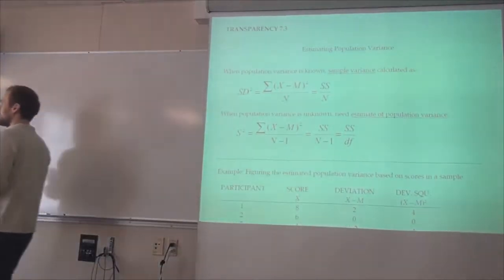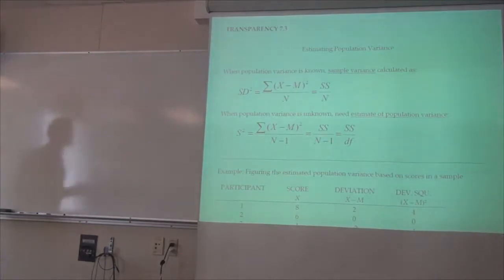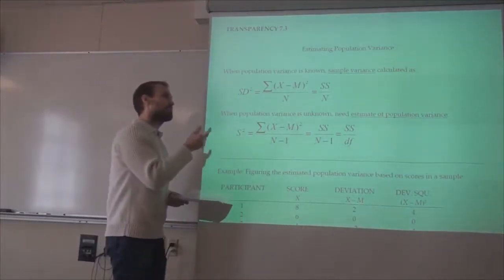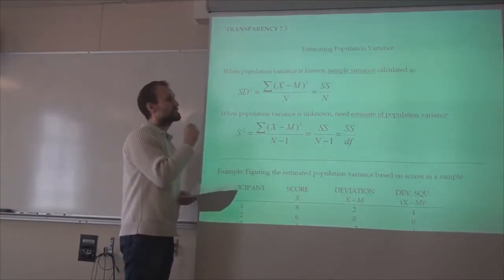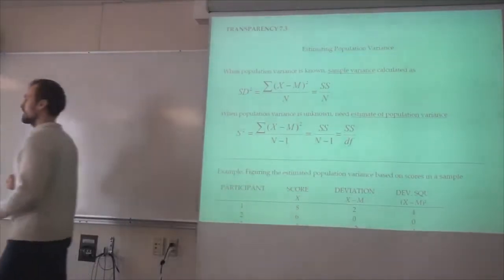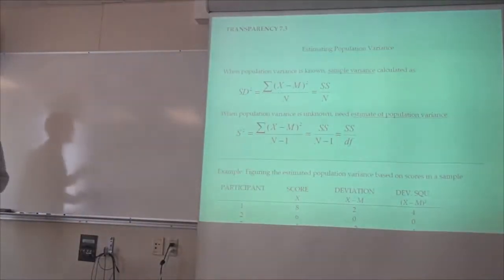And we call that the degrees of freedom, n minus 1. To accurately estimate the population variance, I need an n minus 1 there. Otherwise, I'm just a little too low, sorry, too low.